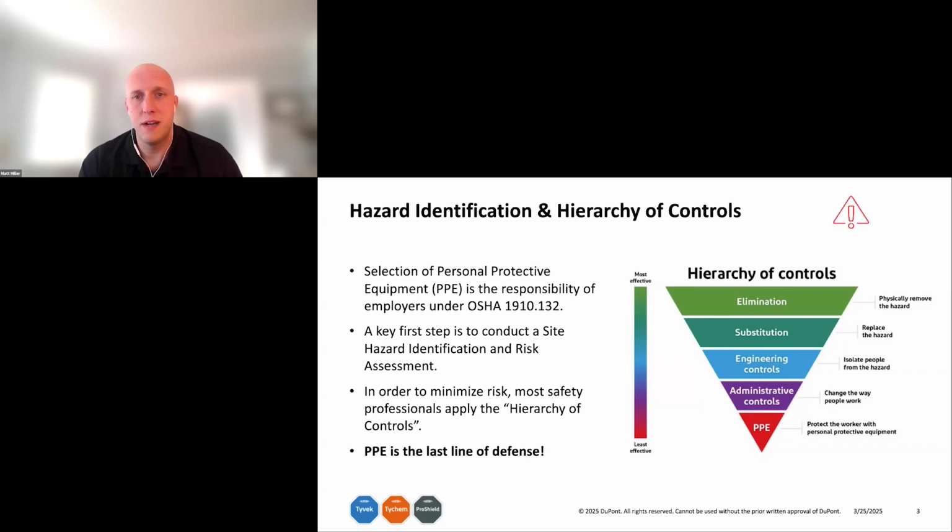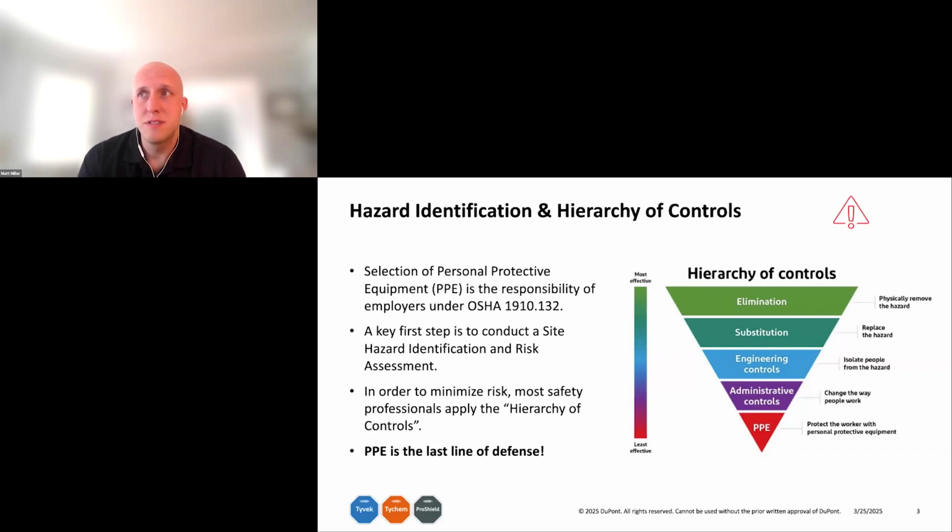So OSHA gives a very open guideline in terms of, hey, you need to have something for your environment, but it is up to you to decide what that is. And that's where we come into play. Other organizations, other distributors come into play to help with that selection and help with giving the end users the tools to make those selections.